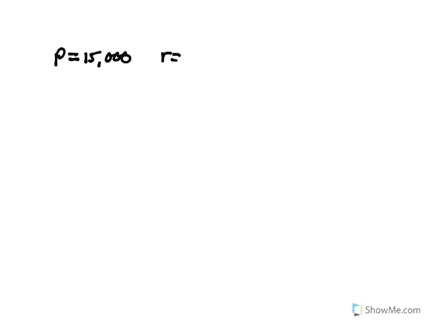The rate, I'm just going to convert it to decimal form, which is going to be 0.05, which would be 5%. And then time is going to equal 3 years. In this particular situation, the interest is compounded annually, so we're going to use the following formula.